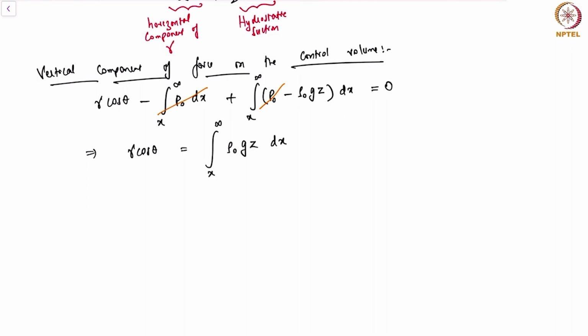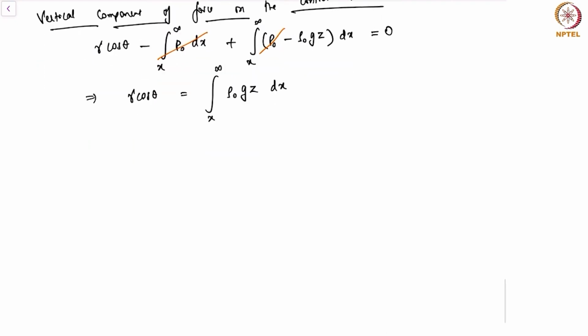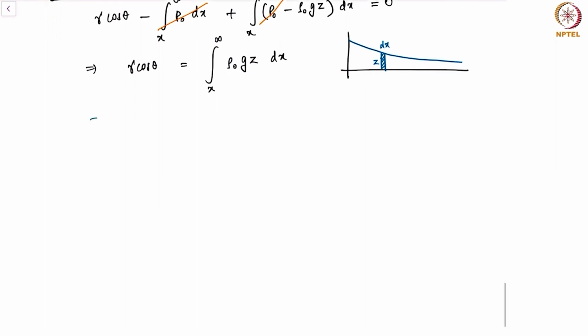Okay, now let's understand what this integral on the right hand side means. I have a meniscus, let's say, and if I take a small strip along this meniscus of width dx and height z, and integrate from 0 to infinity, then I have the entire weight of the fluid that has basically risen, right?